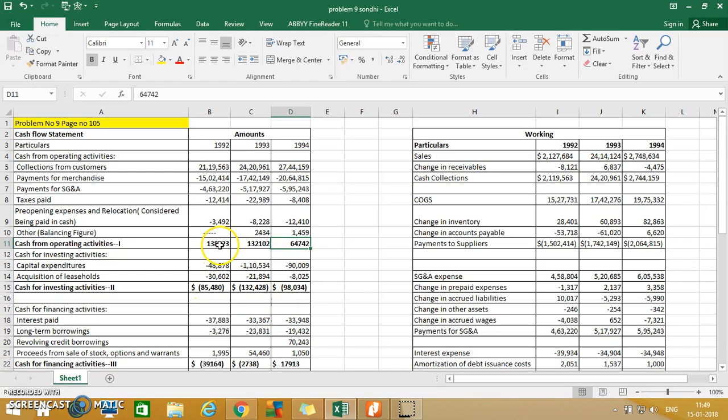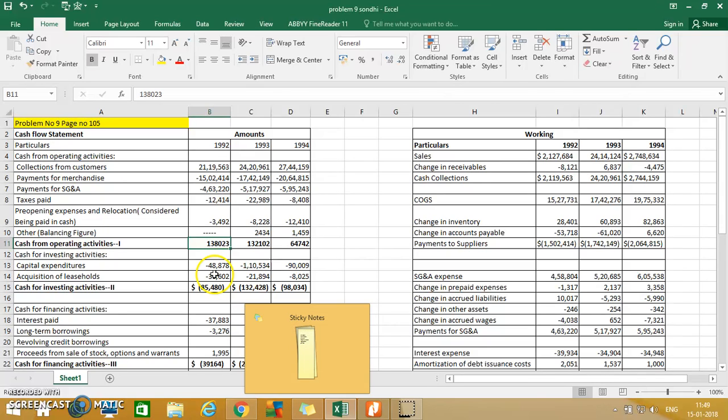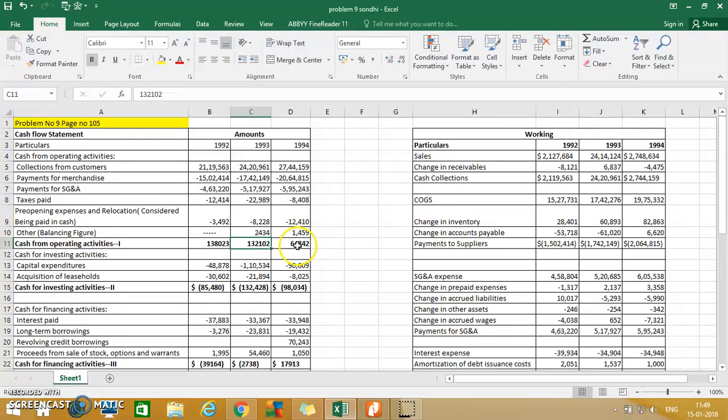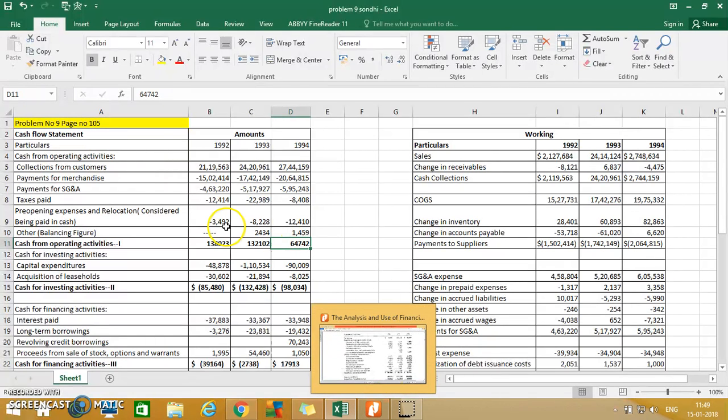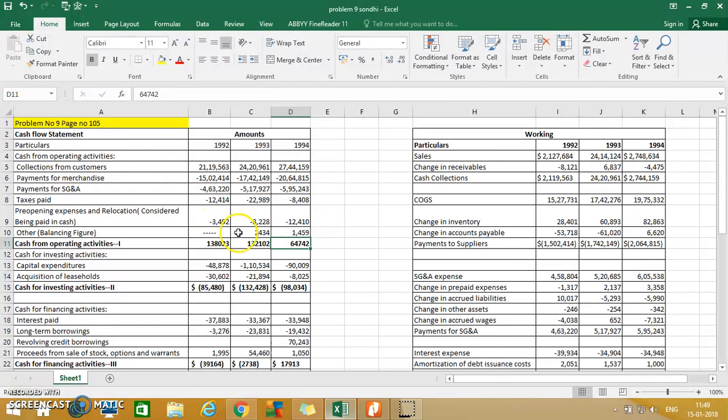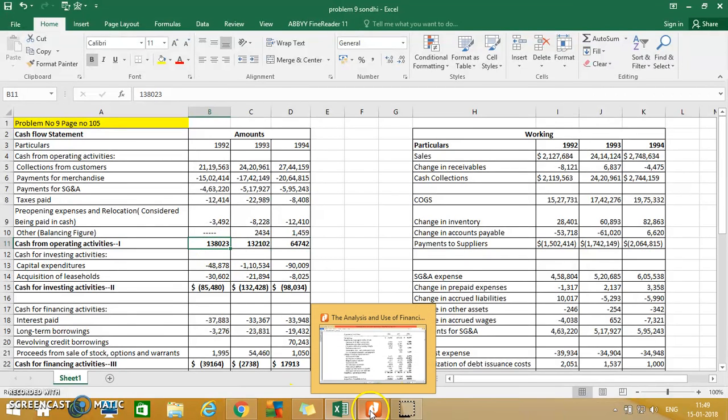We have taken it as $138 billion instead of $100 billion. The reason we have changed this amount is that we have adjusted the interest expenses.